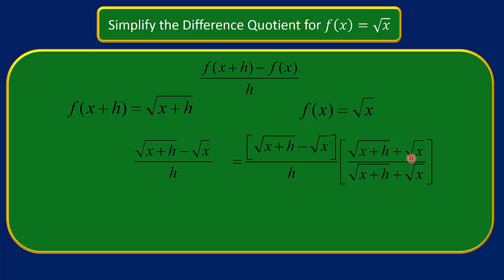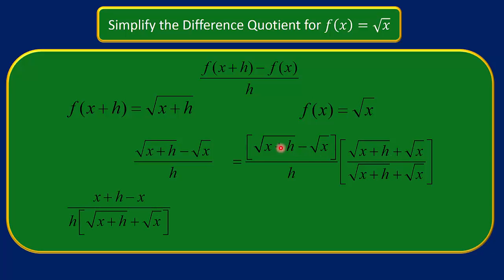Now the reason we do that to the top and the bottom is, remember, when you multiply a minus b times a plus b, the result is a squared minus b squared. So if we multiply the square root of a minus the square root of b times the square root of a plus the square root of b, we get a minus b. In other words, multiplying by the conjugate is going to get rid of the radical.